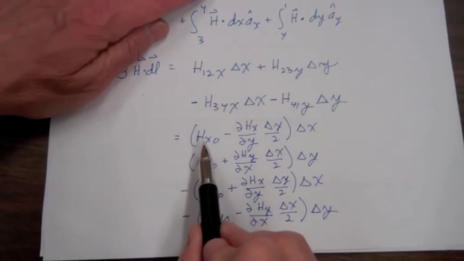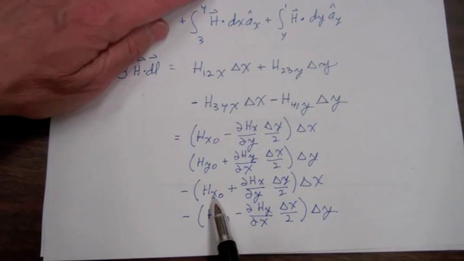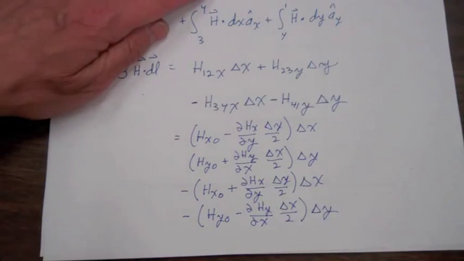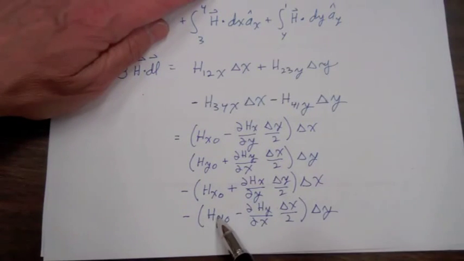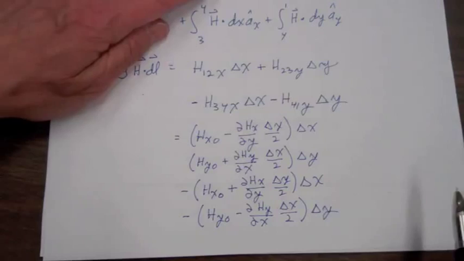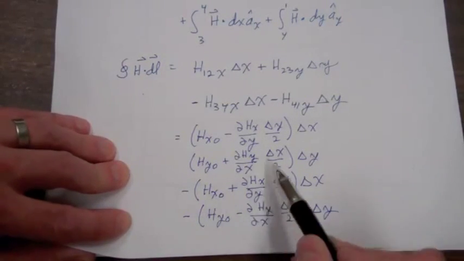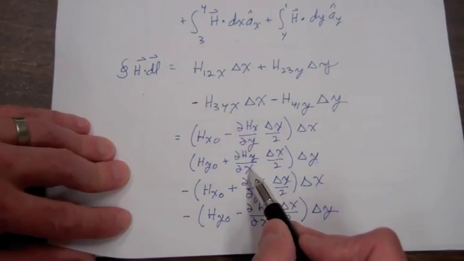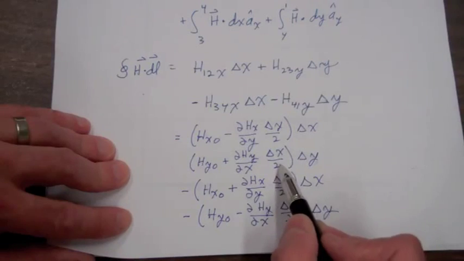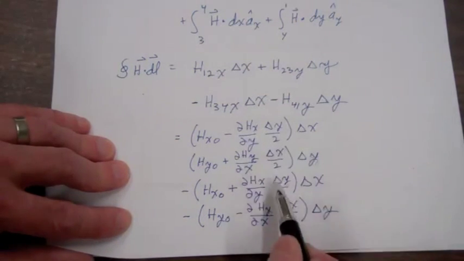Now looking at this, we have an h sub x 0 times delta x and a minus h sub x 0 times delta x, which will sum to 0. We have an h sub y 0 delta y and a minus h sub y 0 delta y, so those will sum to 0. And we have these two terms, partial of h sub y with respect to x delta y over 2, and the same here, so those will add, and the same for these two terms.